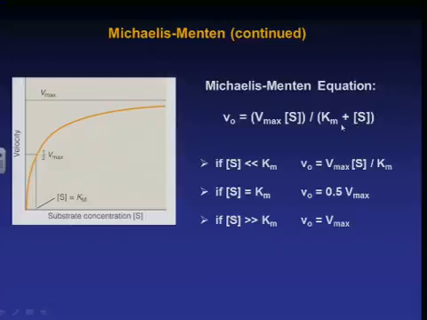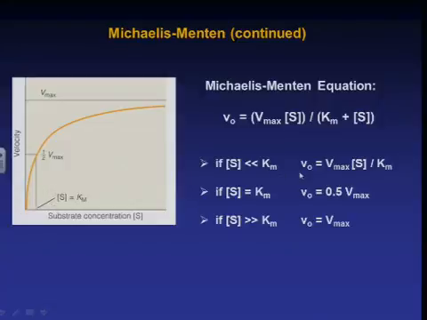You've got a ton plus a speck is pretty much equivalent to a ton. So the velocity when the substrate concentration is very low is Vmax times the concentration of substrate over Km. We don't remove that from this term because this is being added. So that is at this point.